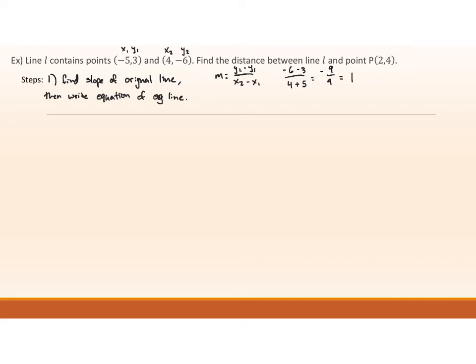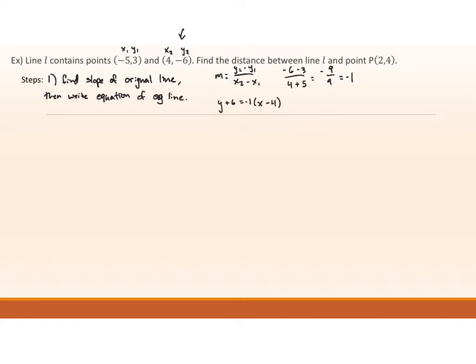Now I'm going to find the equation of the line, and I'll take this point. It doesn't matter which one you pick, I'm just picking this one. And I'm going to plug that point and this slope into point slope form. So y plus 6 is equal to -1 times x minus 4.